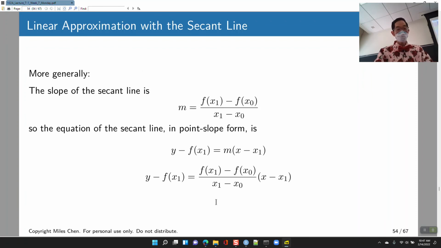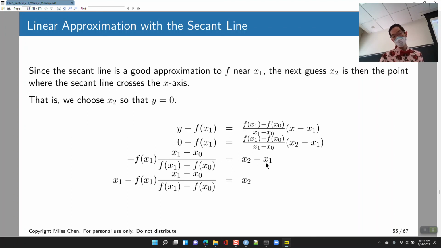Plugging all of this in, to generally apply this, we can say the slope of the secant line is given by this function. And to solve for the next thing, in point slope form, we have y minus this times m times x minus this. And what we want to do is solve for the next value, x2.